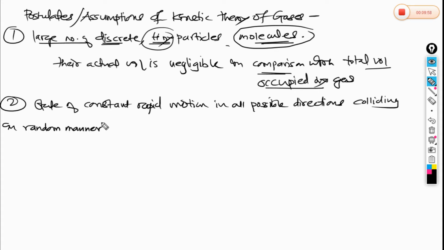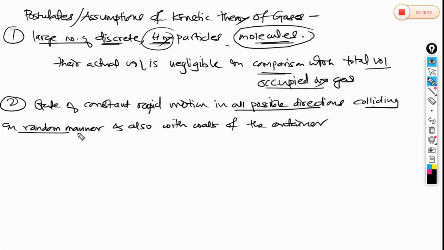That means the molecules of gas can move anywhere throughout the available space in all possible directions, colliding with each other in a random manner, and also with the walls of the container. This is the second assumption.